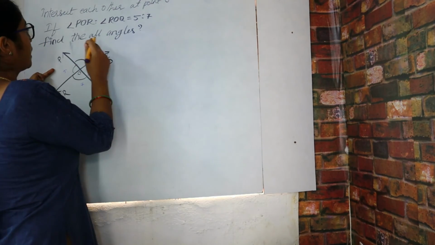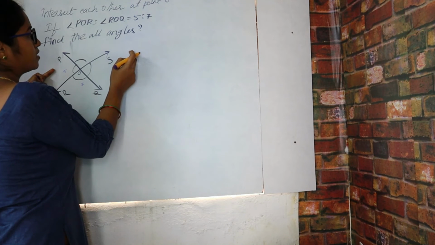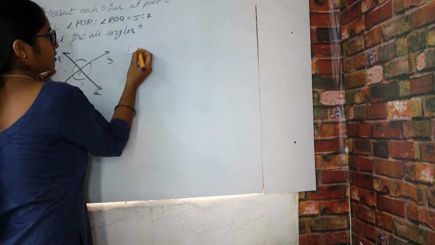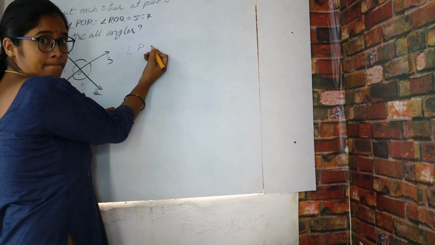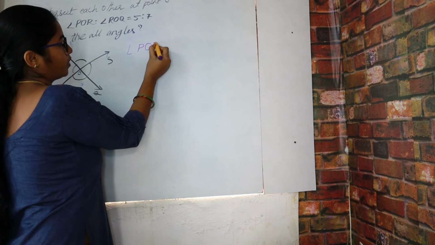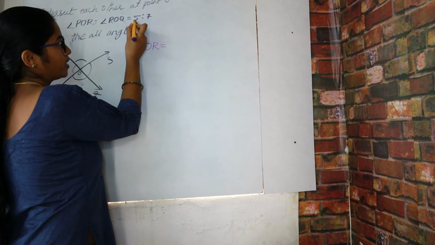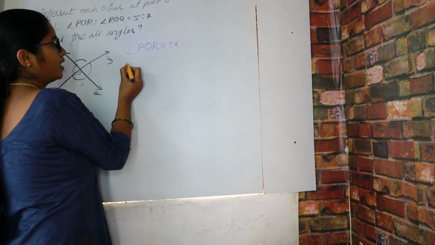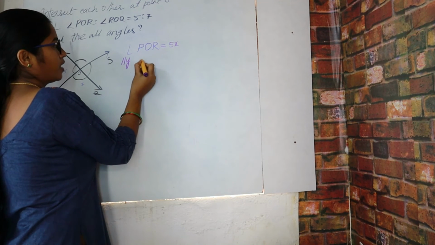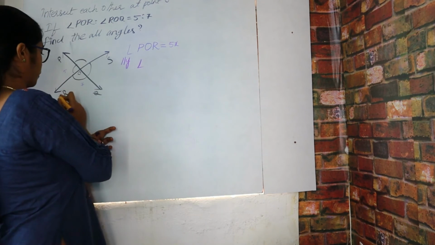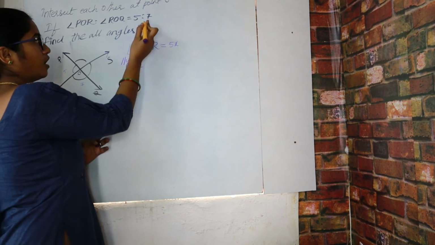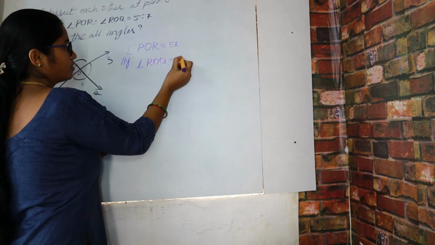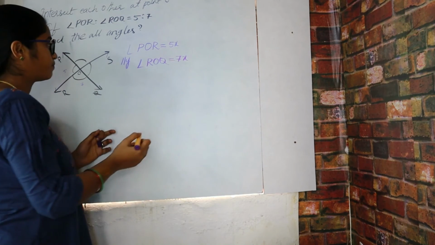Then we can take the angle POR as some multiple of 5. So let us take angle POR equals 5x, and similarly angle ROQ is in the ratio of 7, so angle ROQ equals 7x.